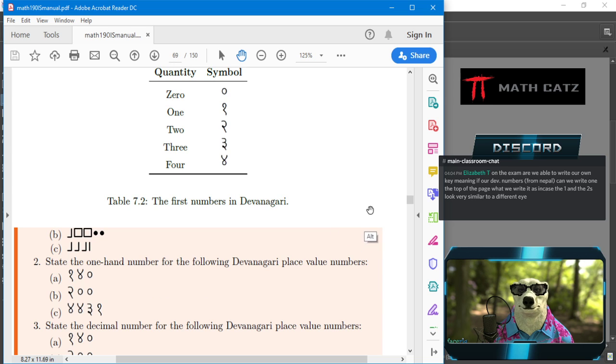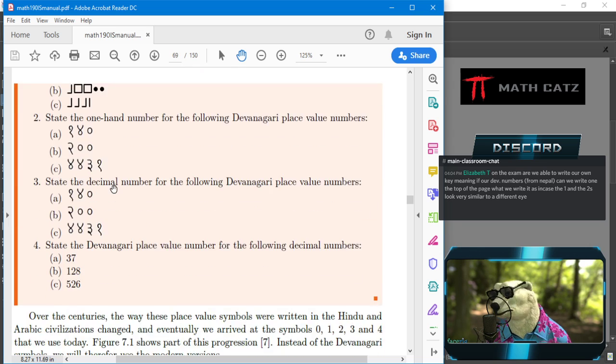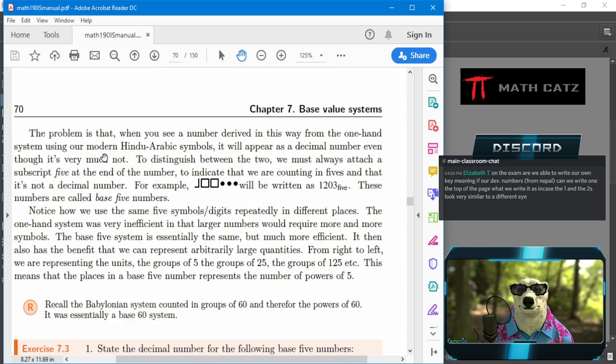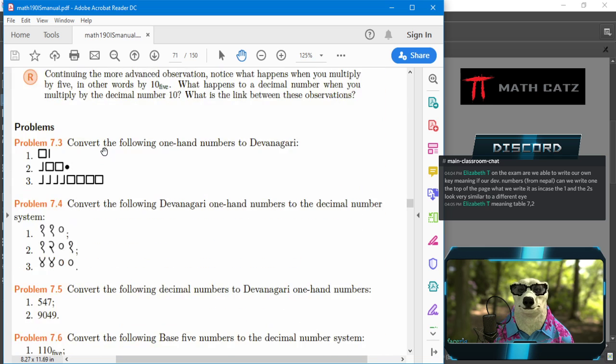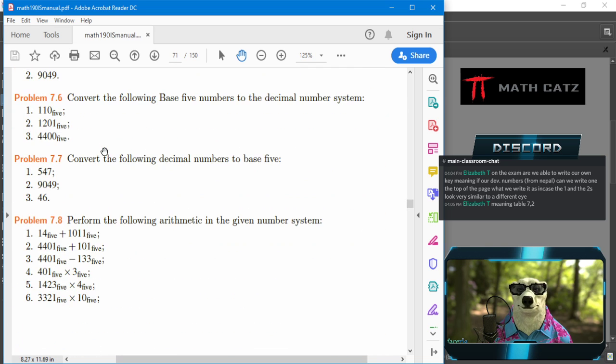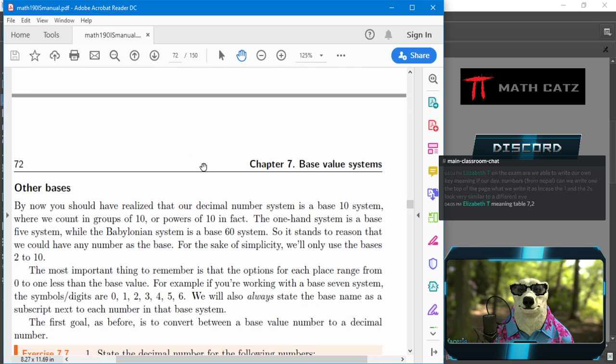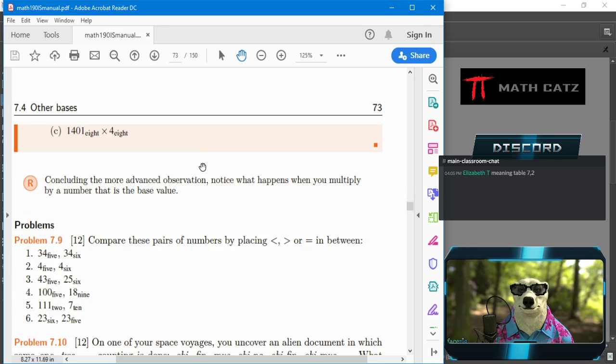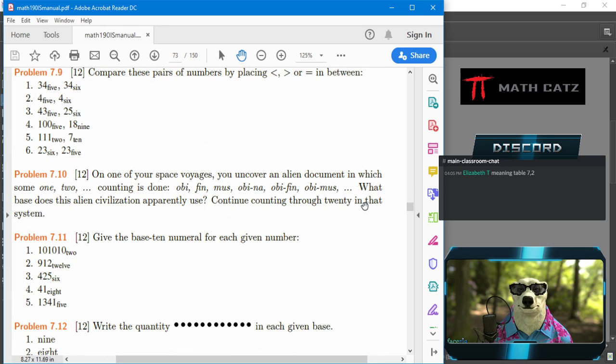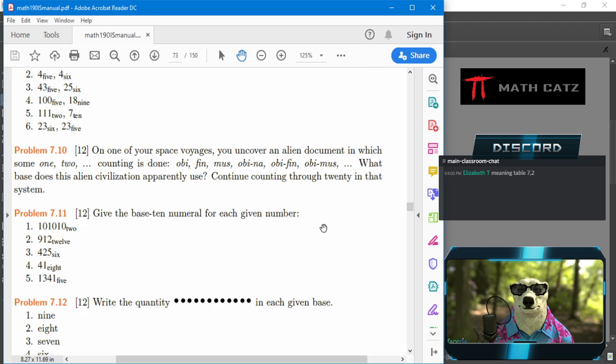All right. So let's see where we should start with some problems. Possibly go over 7.1, 7.11. We're in chapter 7. Where are the problems? 7.10. Ooh, that is far. 7.11.